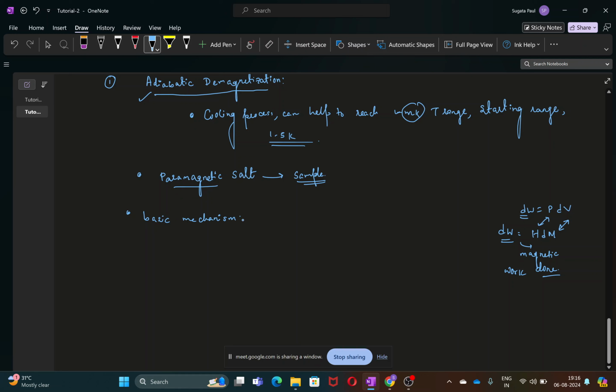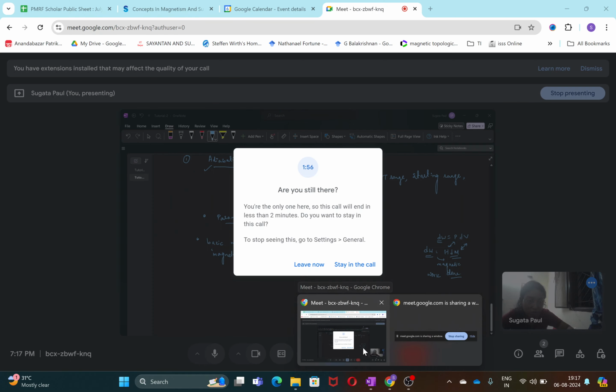Basic mechanism is to get the system to do magnetic work, which is nothing but the work of H dM in this case, as I have shown you earlier.